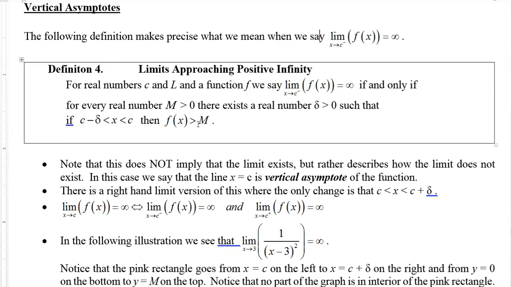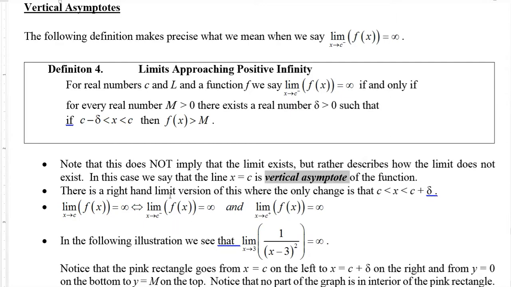Bigger, how big? Bigger than M. Again, this does not imply that the limit exists, but rather describes how the limit does not exist. And in this case, we say the line x equals c is a vertical asymptote of the function.